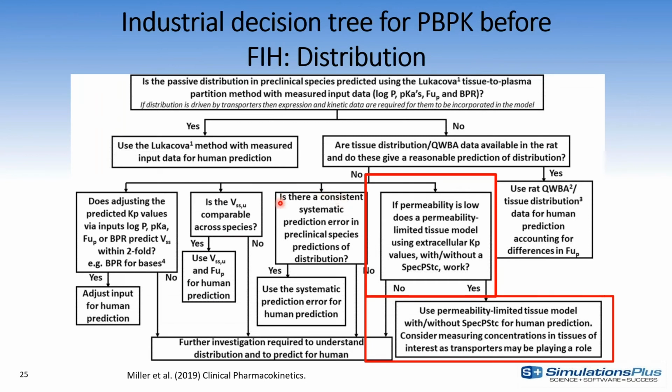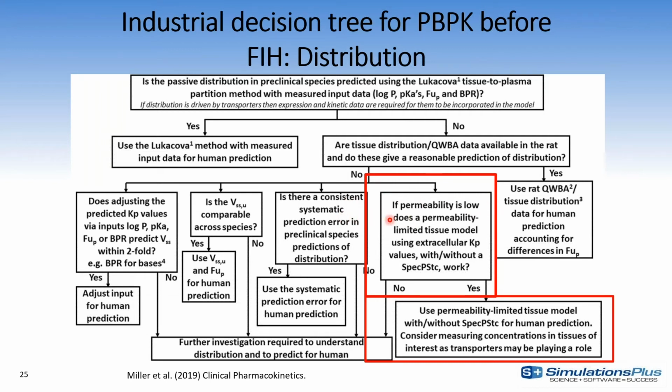Next, is there a consistent systematic prediction error in the preclinical species? If yes, then we're going to use the systematic prediction error to predict for the human. And then they also give some advice if the permeability is low.